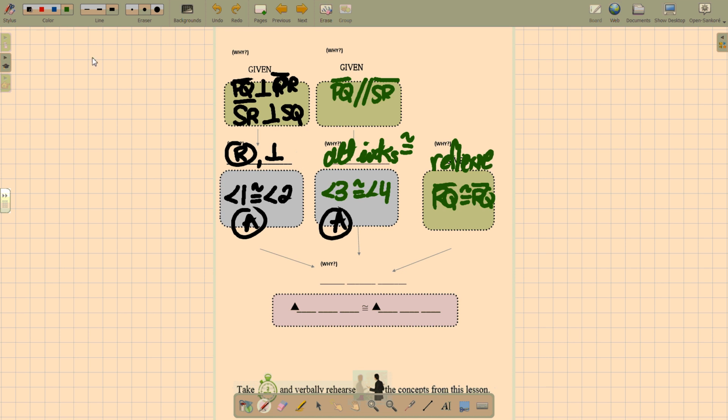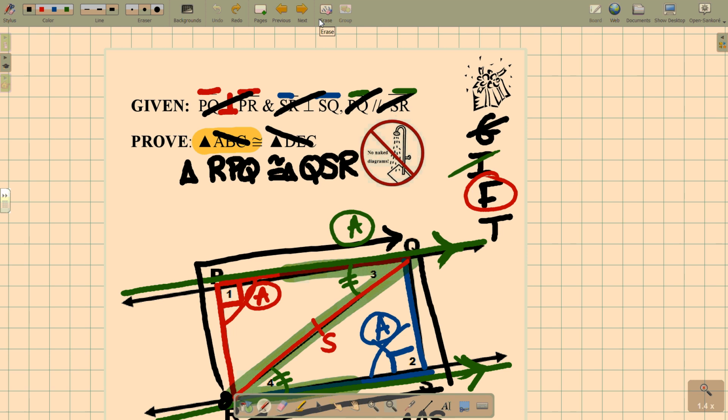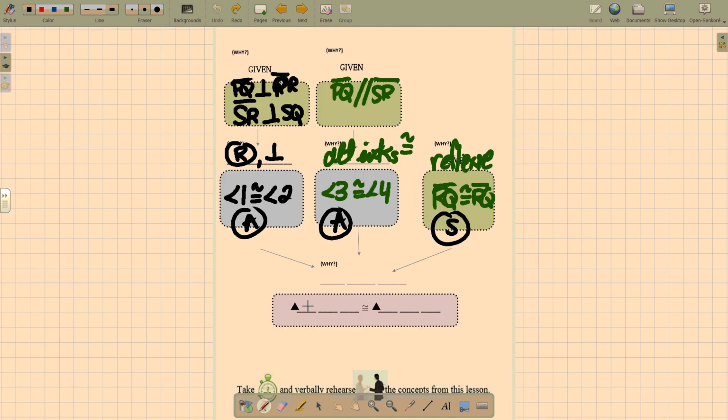That gave us our side. This was a tail, not a hamburger. This empowers us to say that triangle RPQ is congruent to QSR. And the reason is angle, angle, side.